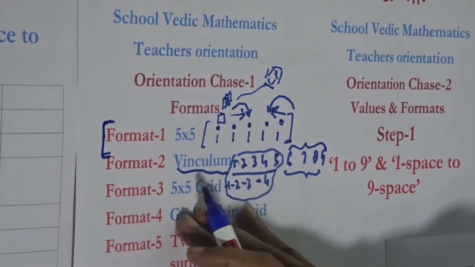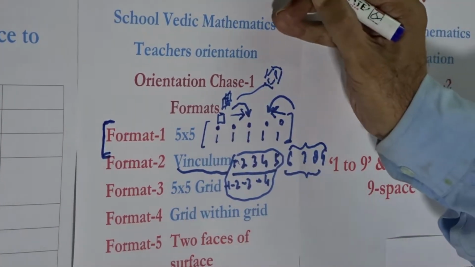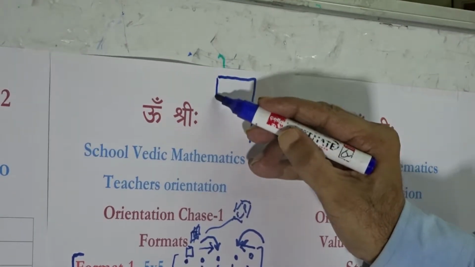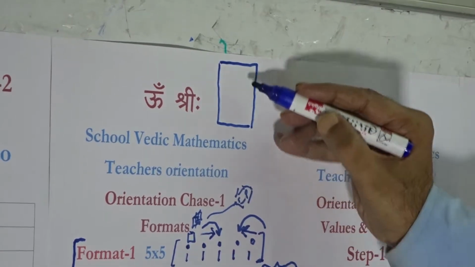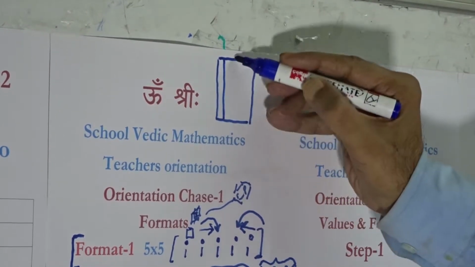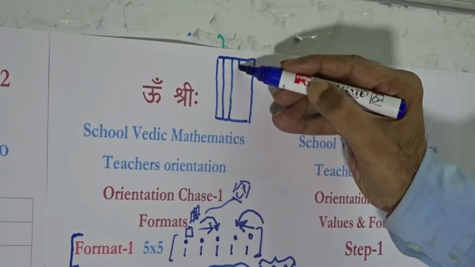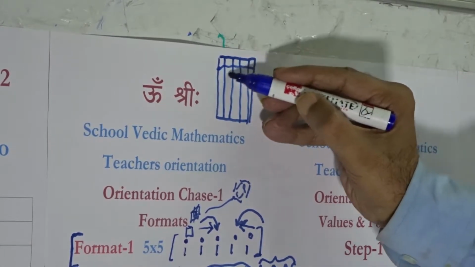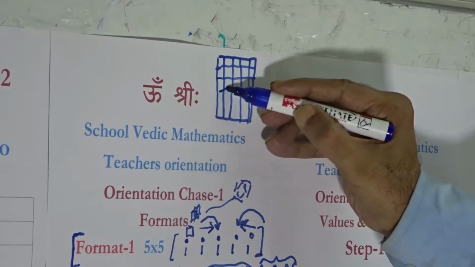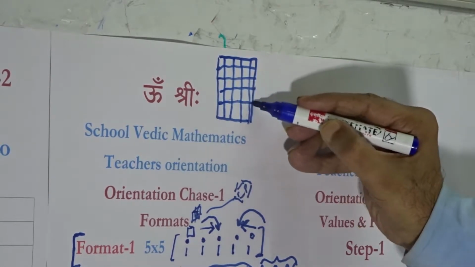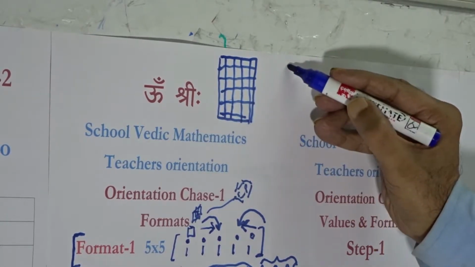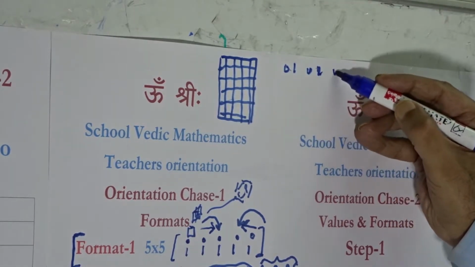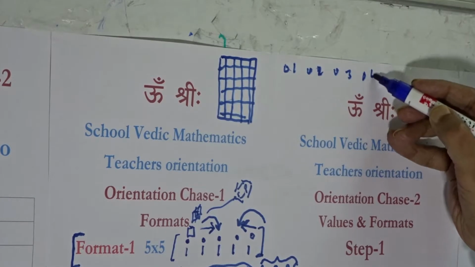As the third format, we saw that we can reach a 5 cross 5 grid, and it is this grid format which helped us have association of rows and columns from single digit expressions to double digit expressions for the numerals.